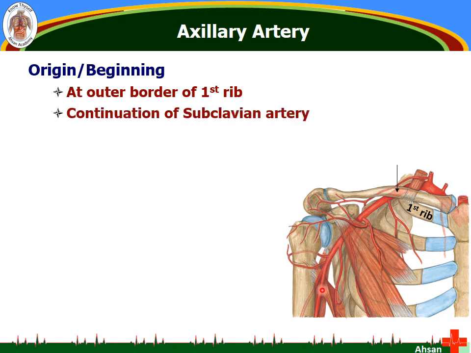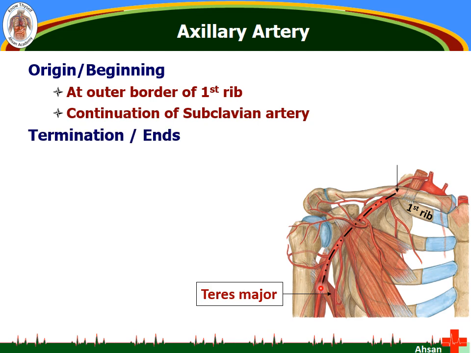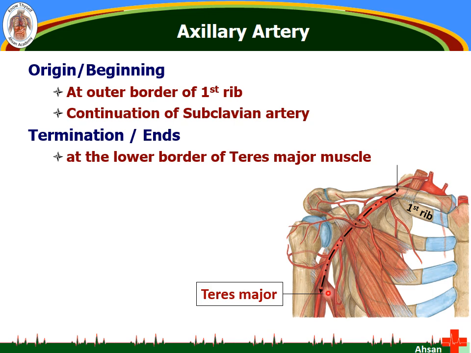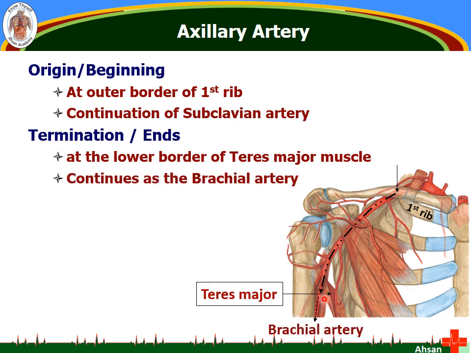You can see this is the origin, and it continues up to the lower border of the teres major muscle. So from here to here, this is axillary artery. So this is the end point. This one is the teres major muscle going to the humerus, and its lower border is this one. Here it continues as brachial artery.